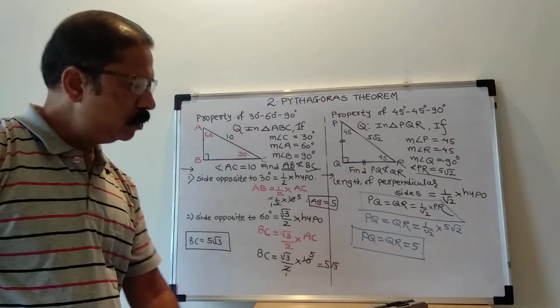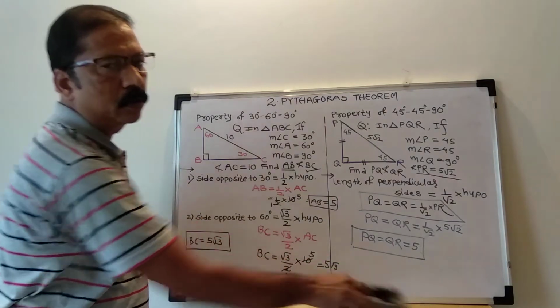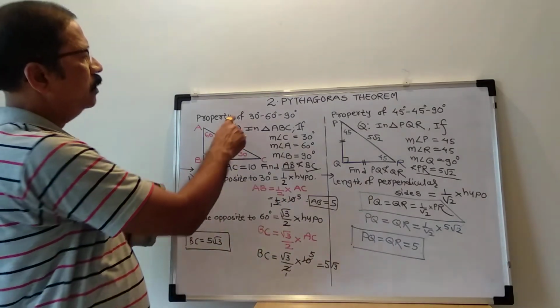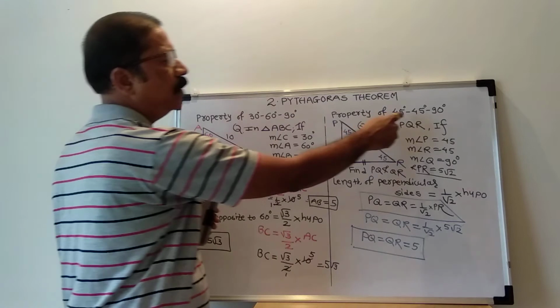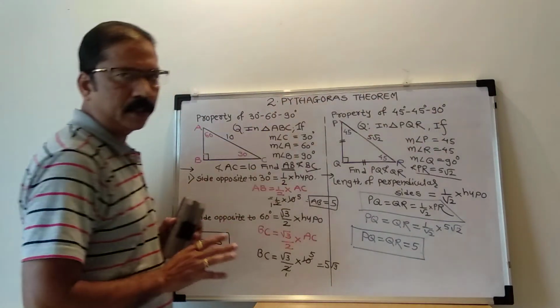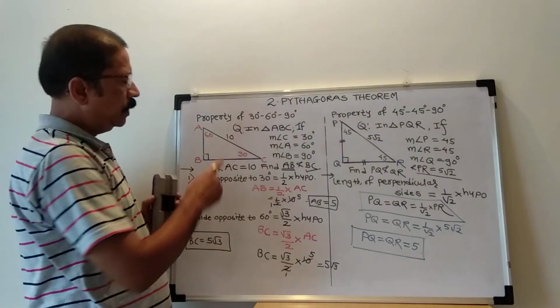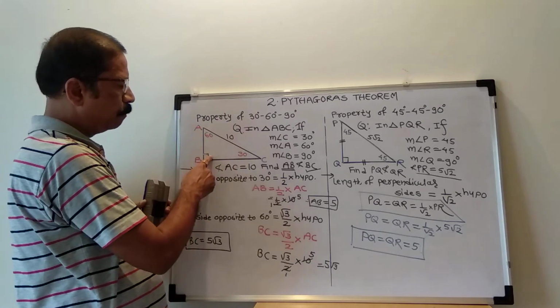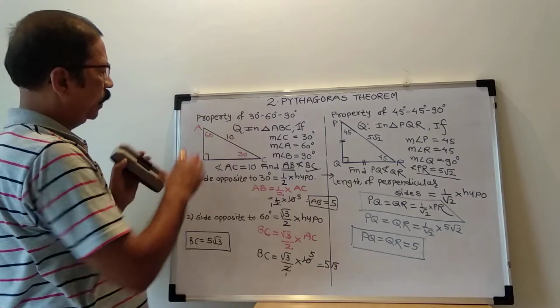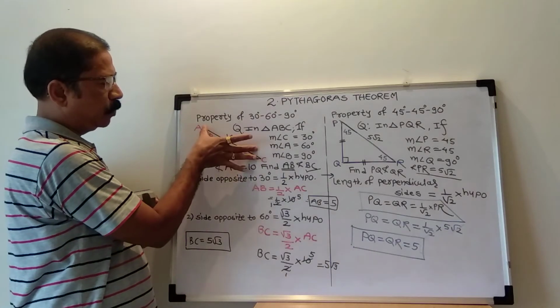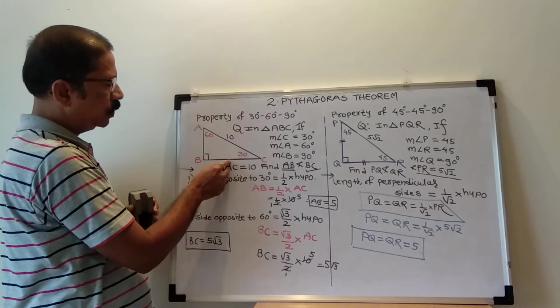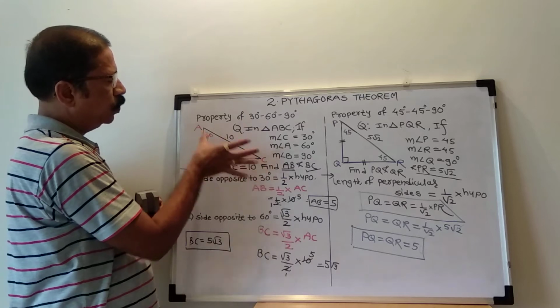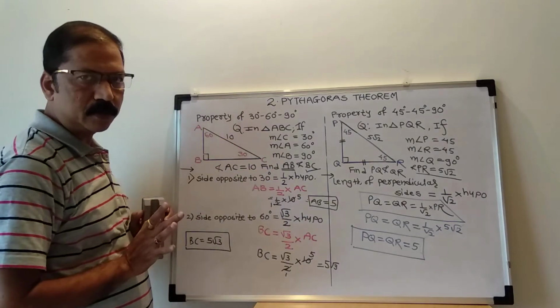Like this, today we learned the two properties, that is 30, 60, 90 degree and 45, 45, 90 degree. In a triangle, if angles are 30, 60, 90, the side opposite to 30 degree, AB, is half of the hypotenuse, and the side opposite to 60 degree, BC, is root 3 upon 2 times the hypotenuse.